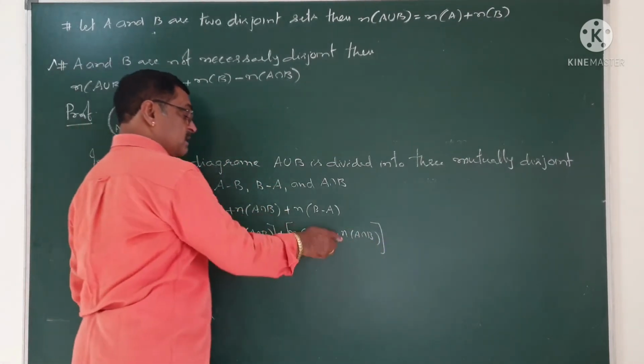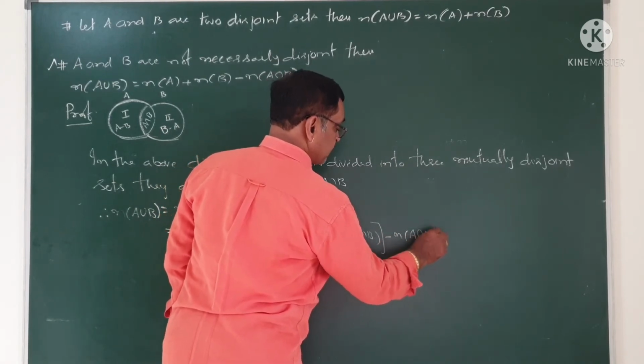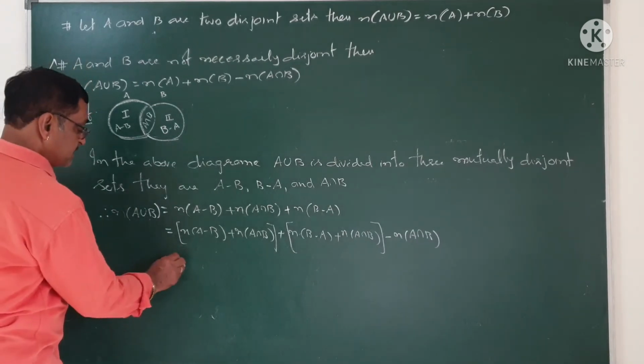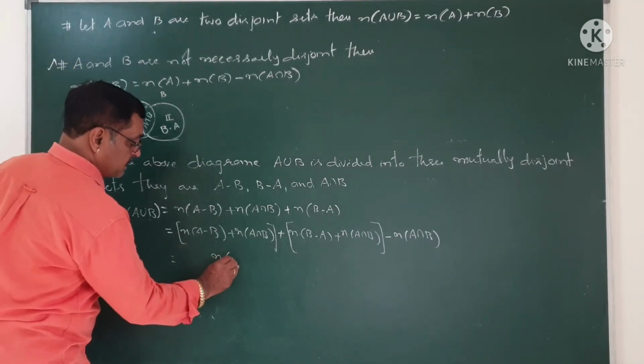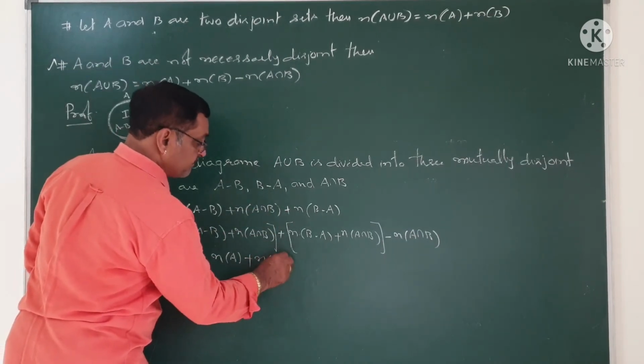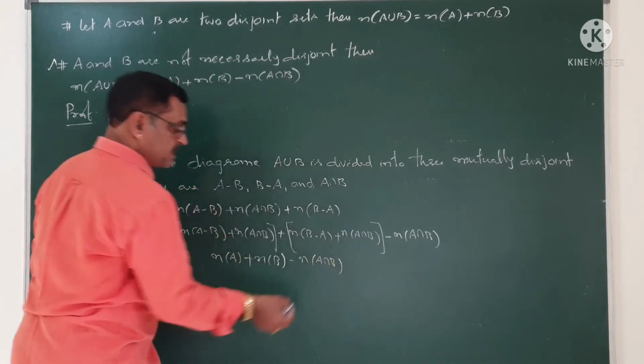When you add, you have to subtract. Therefore, I am subtracting n of A intersection B. Now, the first one is nothing but, as I just told, n of A, the second is n of B, and the third we have is n of A intersection B.